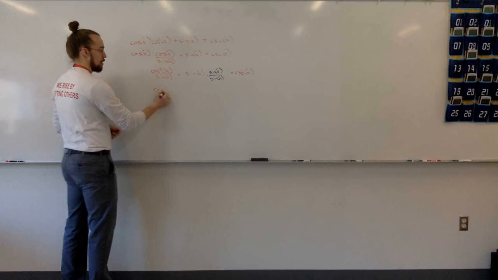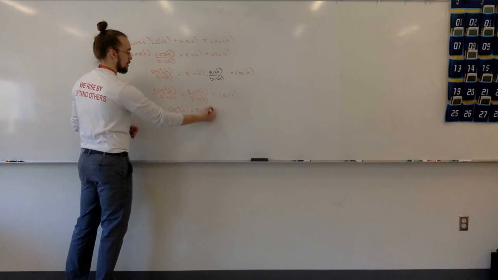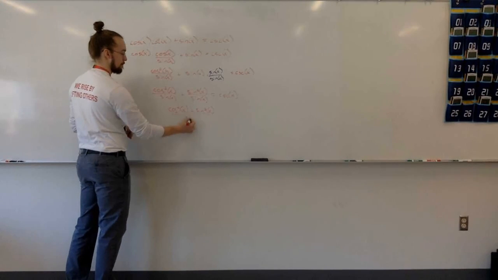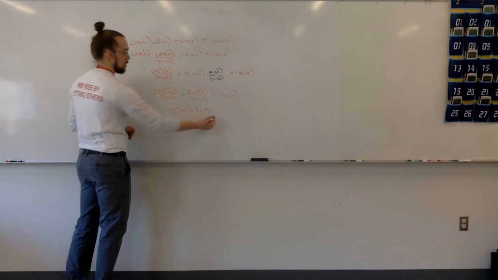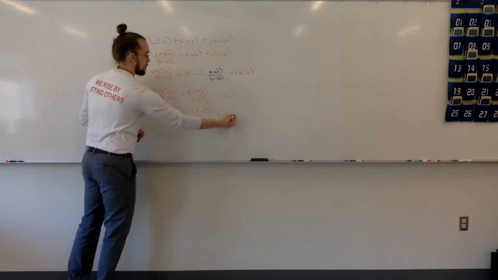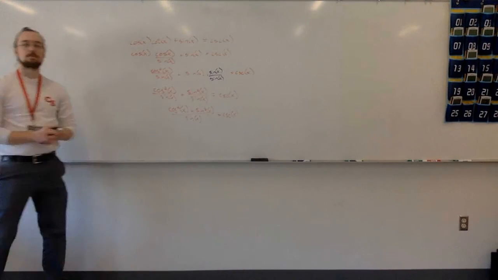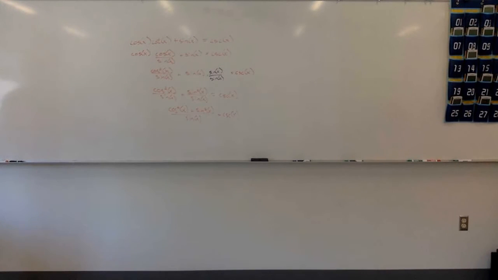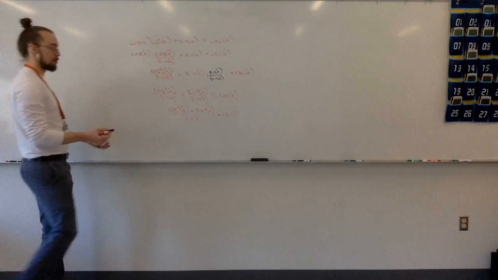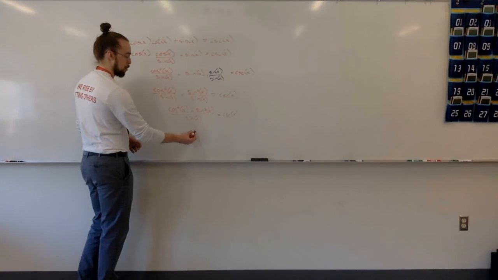Then I combine these into one fraction. Cosine squared plus sine squared over sine. Now, we know cosine squared plus sine squared is just equal to 1.